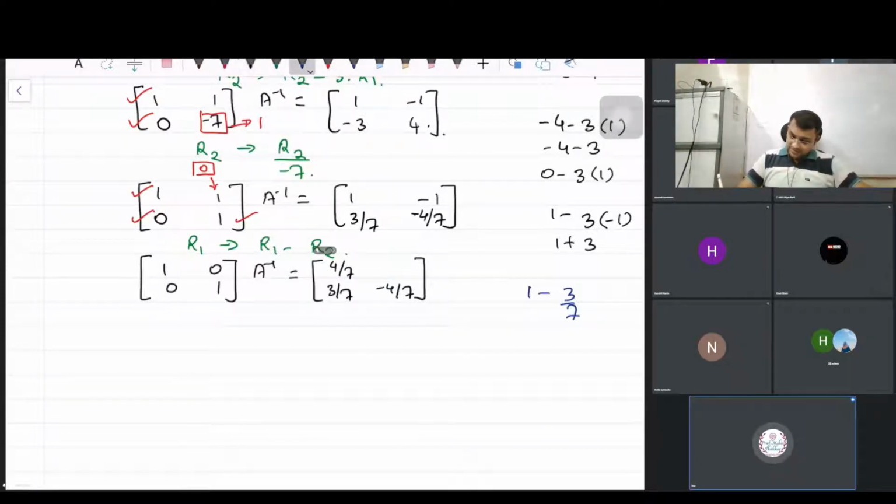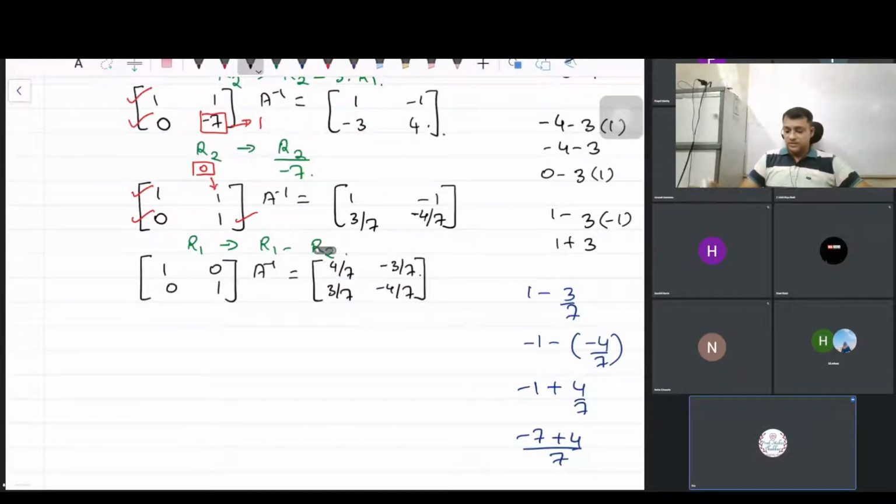And for the next, it is minus 1, minus of minus 4 by 7, minus 1 plus 4 by 7. You can write it if you want, minus 7 plus 4 divided by 7, which is nothing but negative 3 by 7.